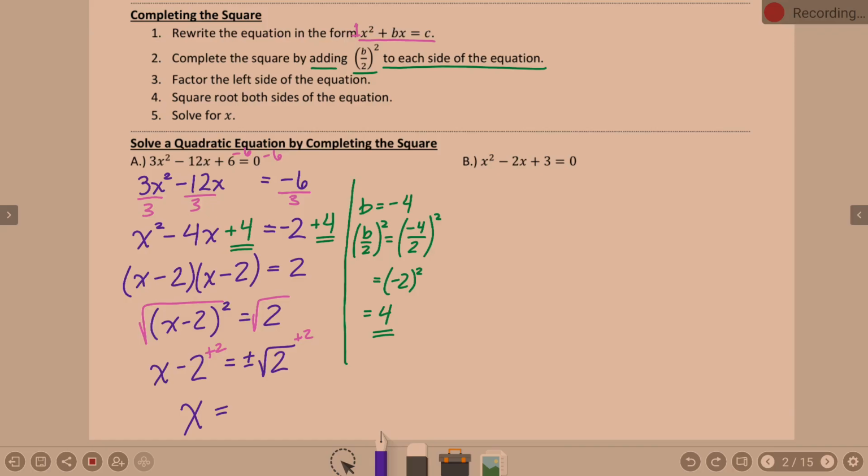I personally am going to write this as 2 plus or minus the square root of 2. And there's my proof, folks. I could not have factored this when I get an answer like this. It can't happen.